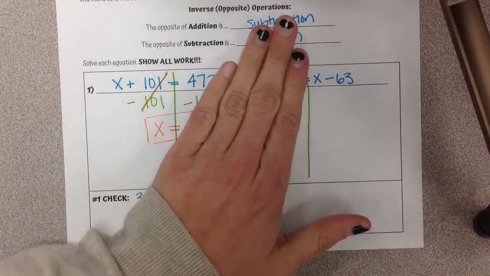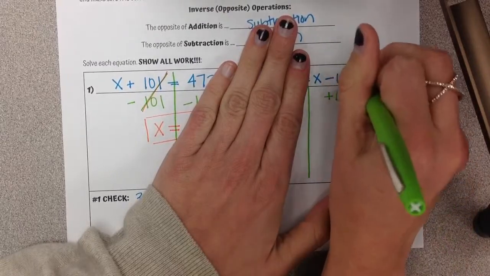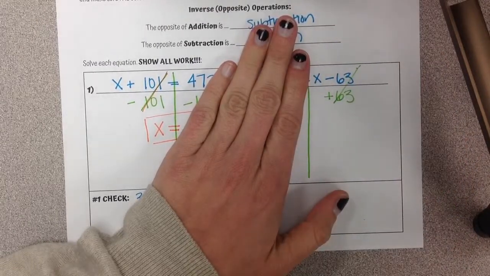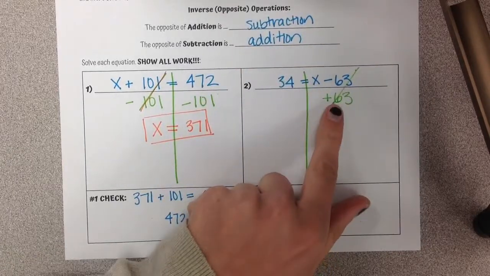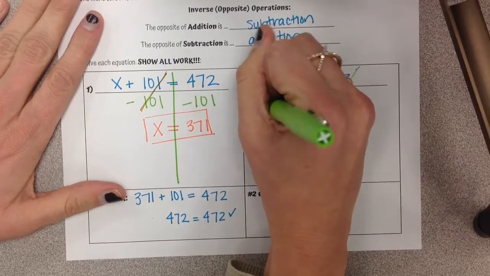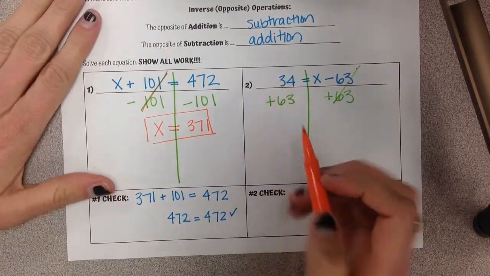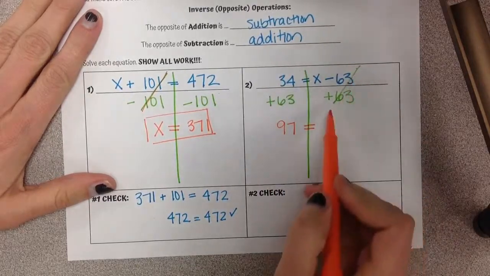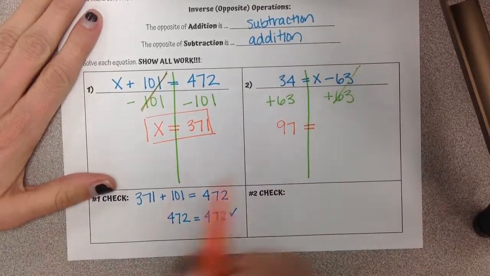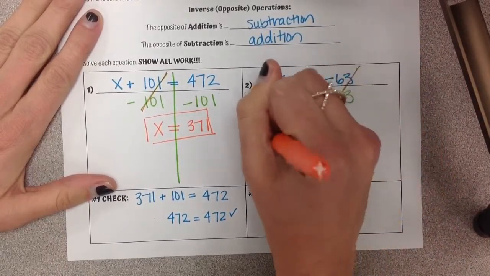So if we were subtracting 63, we're going to add 63, because those are inverses and they cancel each other out. If I have negative 63 and positive 63, it cancels out to 0. Well, if I add 63 on the right side, I also have to add 63 on the left side. So on the left, 34 plus 63 gives me 97. The minus 63 and positive 63 canceled out on the right side, so the only thing that we are left with on the right is x.